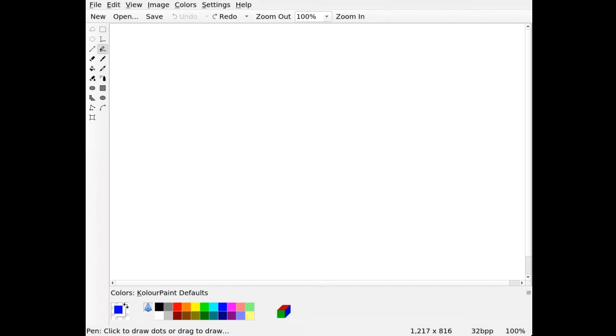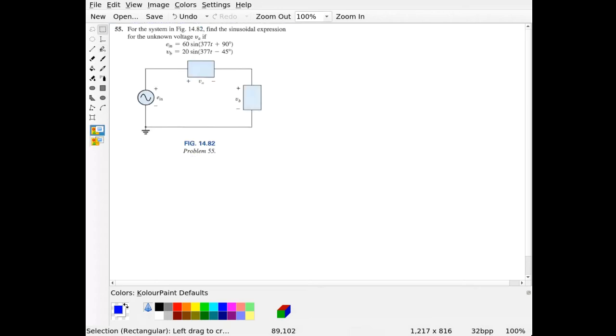All right, so let me see if I can find something in here. 55 looks interesting. Take a look at 55 here. And I encourage you, as I mentioned earlier, to go to the back of the book, the end of every chapter.